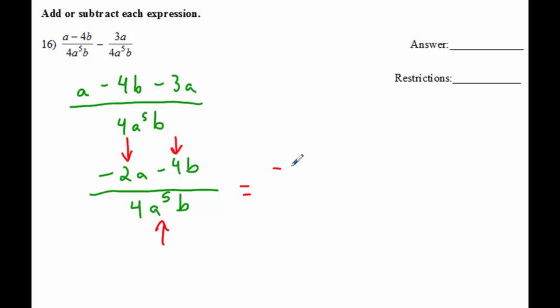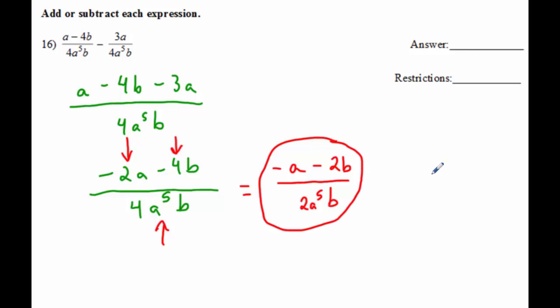So I would divide them all by 2 and get negative a minus 2b over 2a to the 5th b. And what can a and b not equal? 0. Because I'm not adding or subtracting on bottom. I just have a to the 5th and b being multiplied together, so that's why they can't be 0.